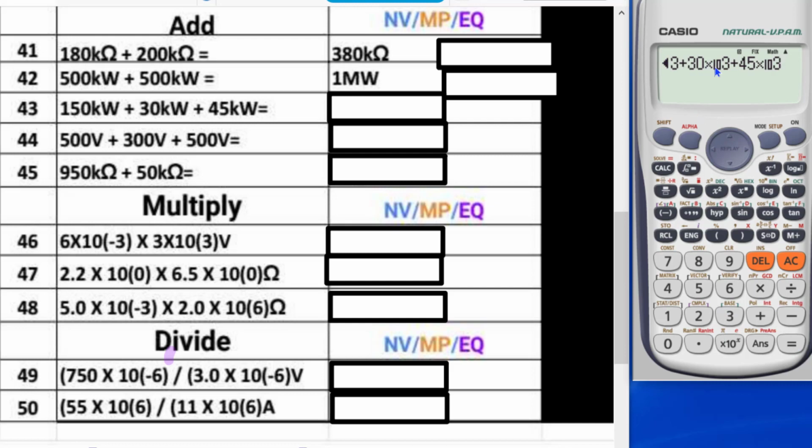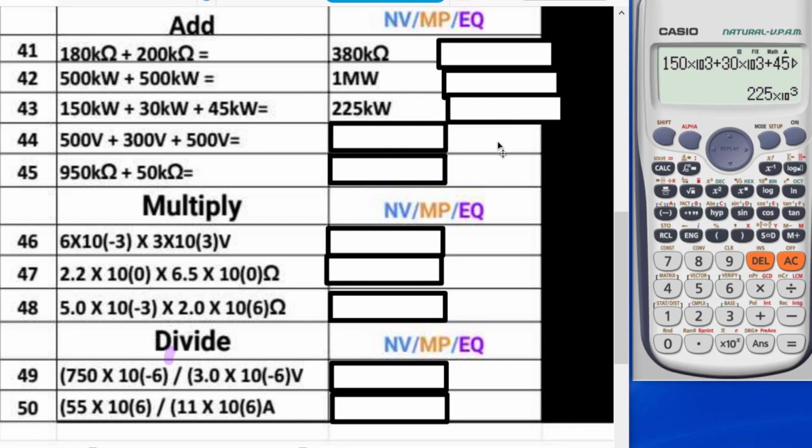You'll notice that I'm not using parentheses around these numbers. It possibly makes it a little bit easier to read, but then the numbers run off the screen of your calculator. So I hit equals, I hit engineering, and it's going to be 225 kilowatts.